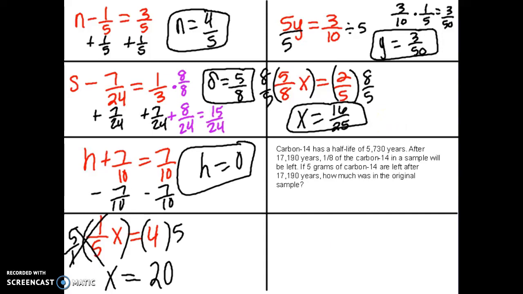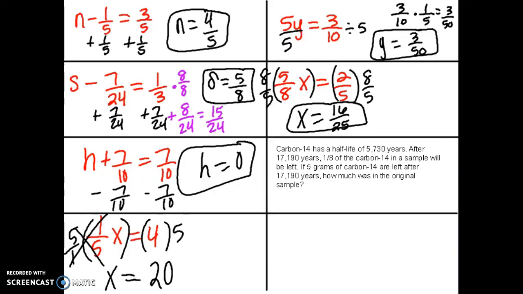All right, carbon-14 has a half-life of 5,730 years. After 17,190 years, 1/8 of the carbon-14 in the sample will be left. If 5 grams of carbon-14 are left after 17,190 years, how much was in the original sample?